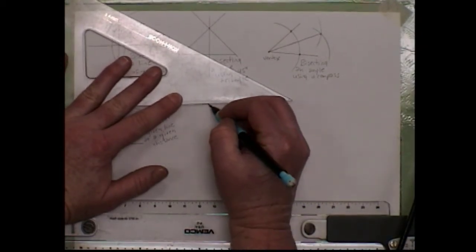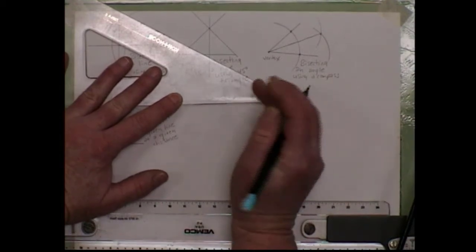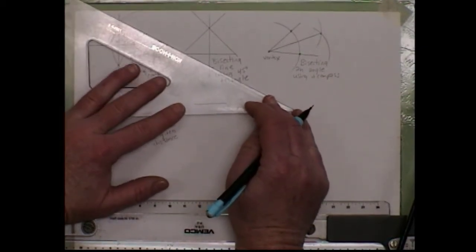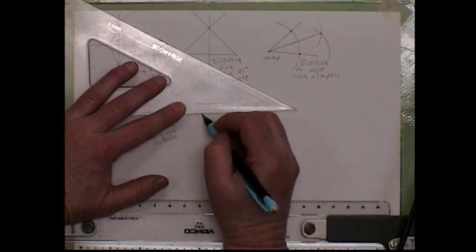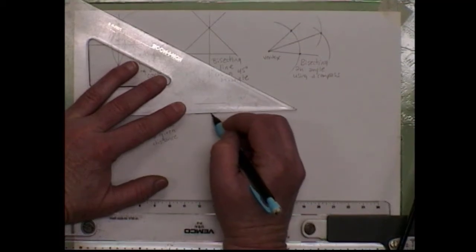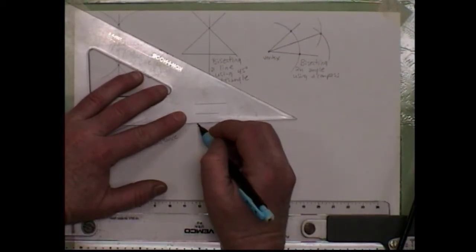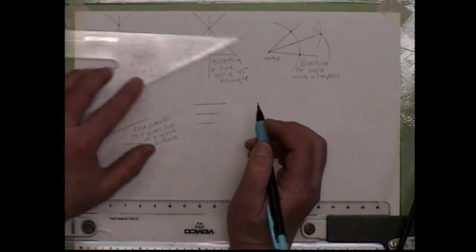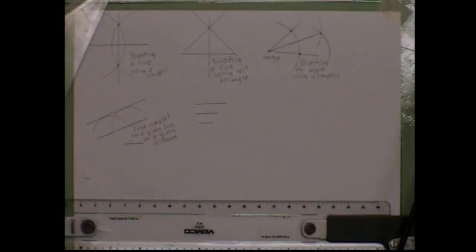Make one about an inch, a little over an inch. Make another one about 3/4 of that one, and then make another one about 3/4 of your other. So basically just 3 lines, 3 different sizes.